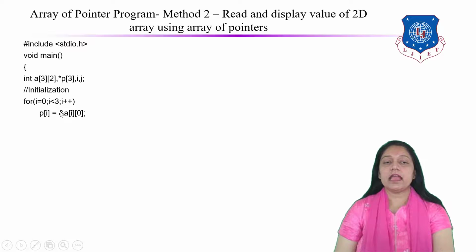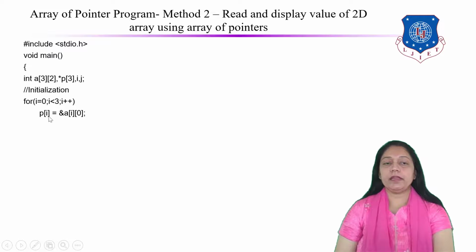So how you do it is ampersand a of i 0, where 0 means the first column and i means the row. So p of 0 is equal to the address of a of 0 0. The address of the first element of the first row is stored in p of 0. Similarly, if i is incremented by 1, that is i equal to 1.